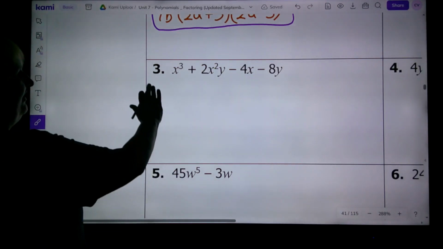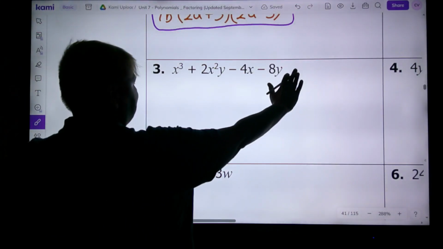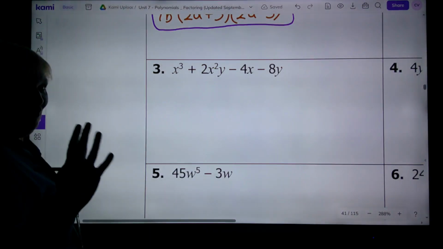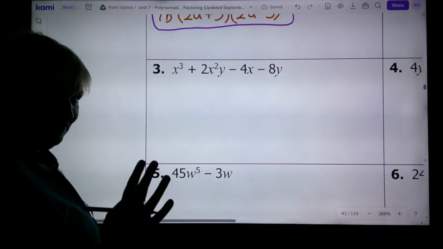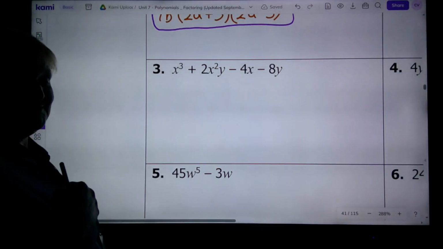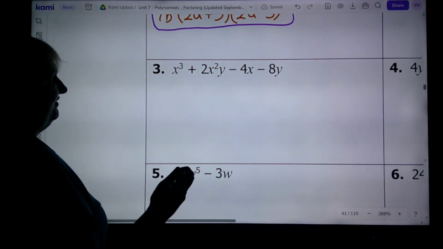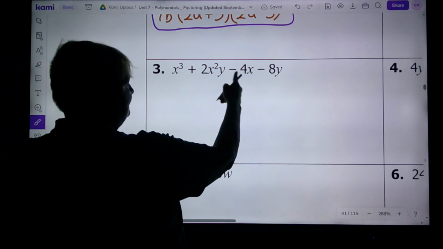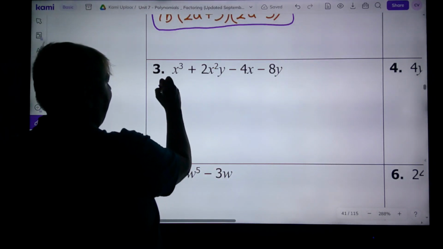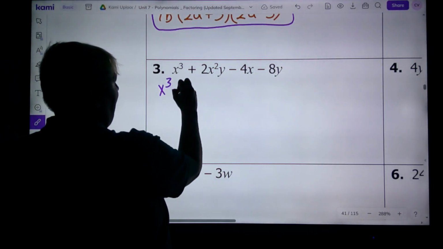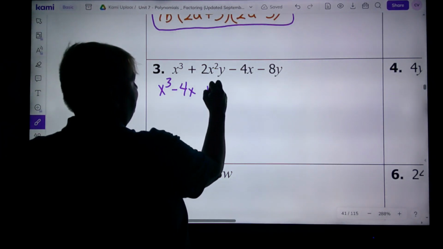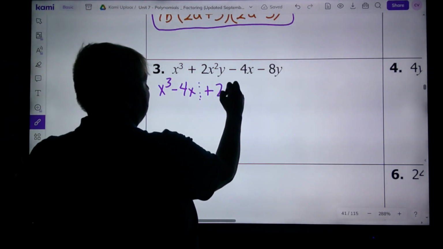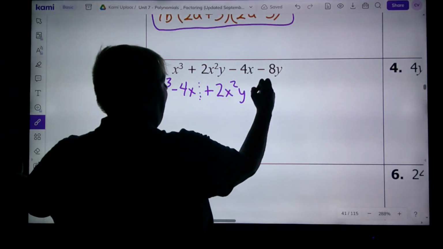Alright. Any common factors all the way across? No. But there are 4 terms. That makes me think we're going to have to use grouping. Let's see. So let's do that. x cubed minus 4x plus 2x squared y minus 8y.